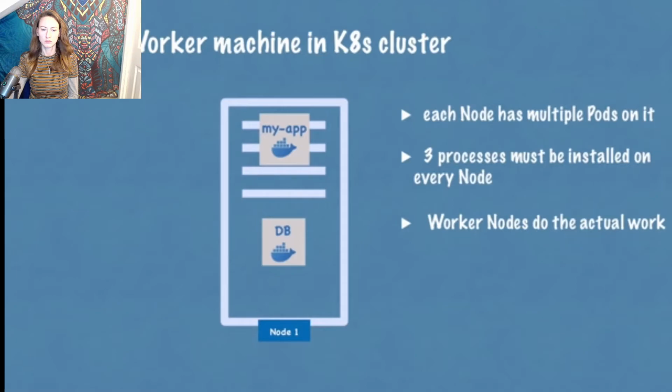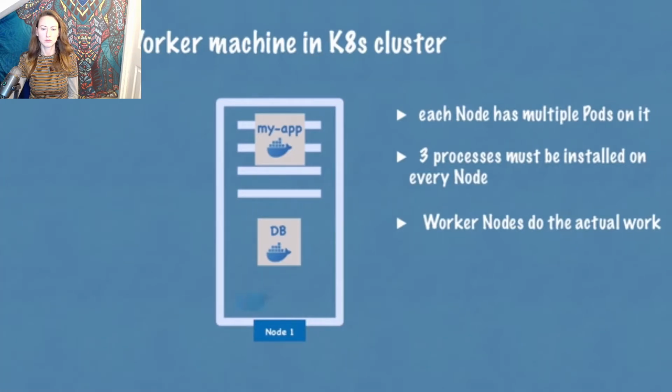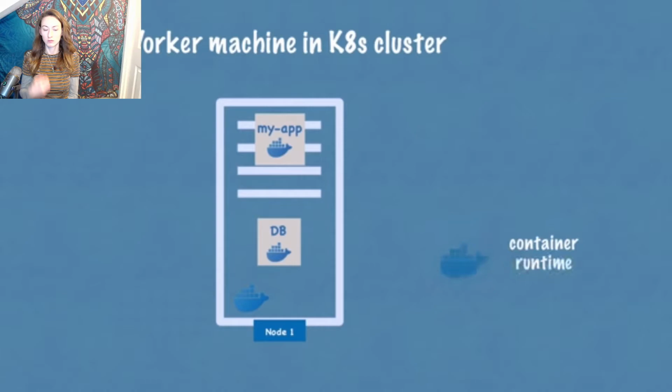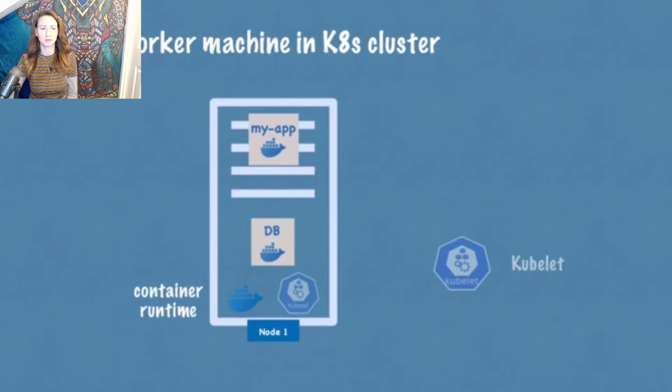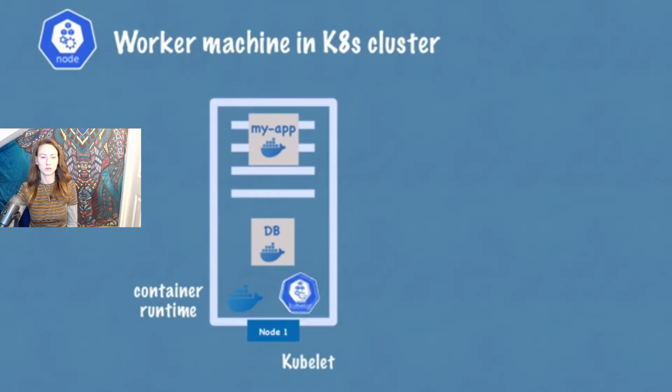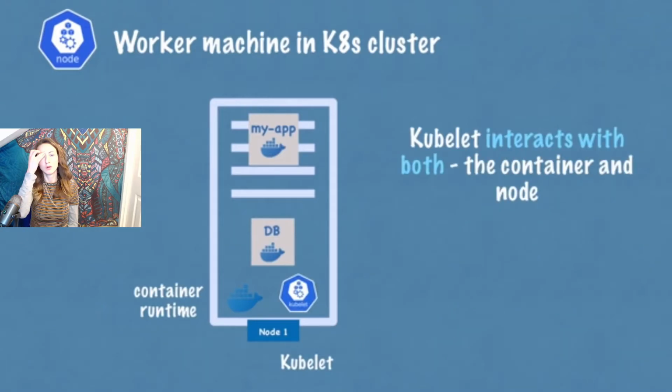So the first process that needs to run on every node is the container runtime. In my example, I have Docker, but it could be some other technology as well. Because application pods have containers running inside, a container runtime needs to be installed on every node. But the process that actually schedules those pods and the containers underneath is kubelet, which is a process of Kubernetes itself, unlike container runtime, that has an interface with both the container runtime and the machine, the node itself.